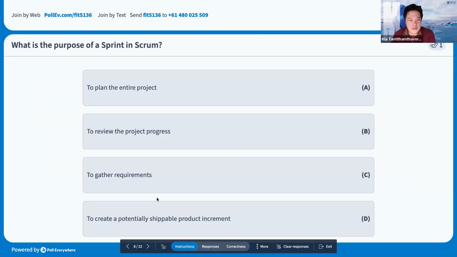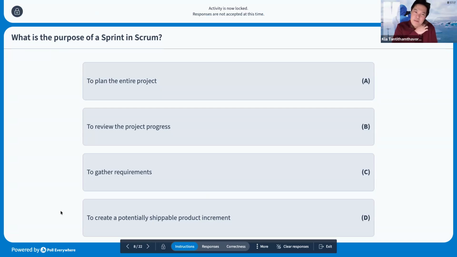All right, next. What is the purpose of a sprint in Scrum? Let's see the response together.